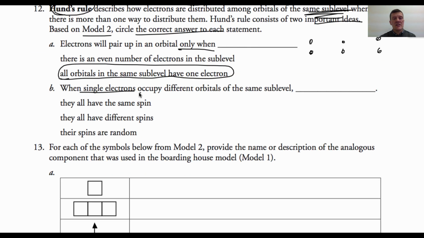When single electrons occupy different orbitals of the same sublevel, they all have the same spin. Okay? So this is just showing you that all the arrows are pointing upwards if you're spreading them out. And then when you double them up, you show the arrows pointing downwards. Okay? Alright.